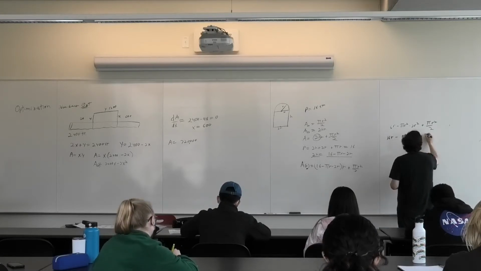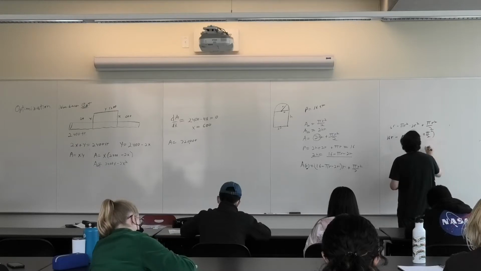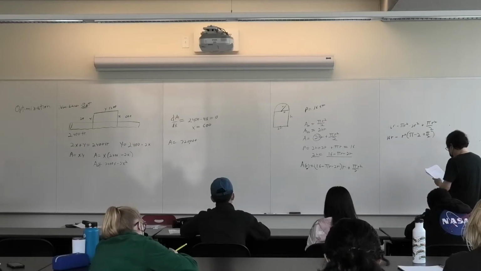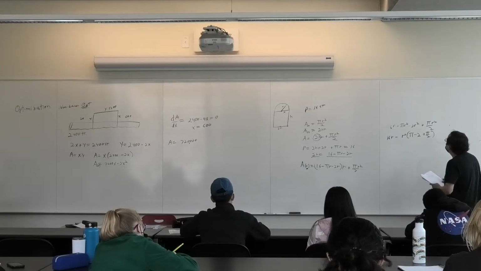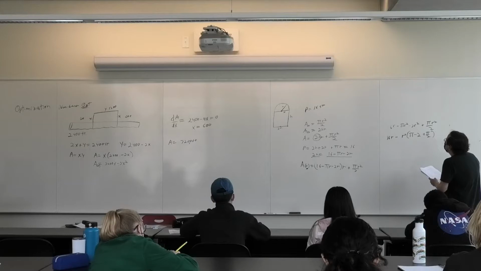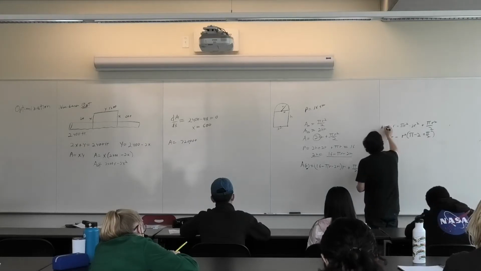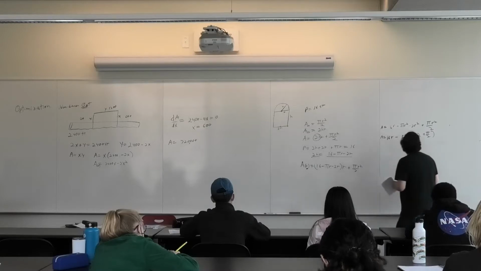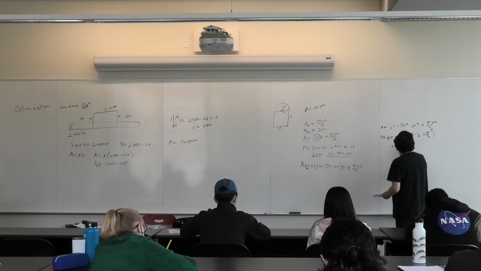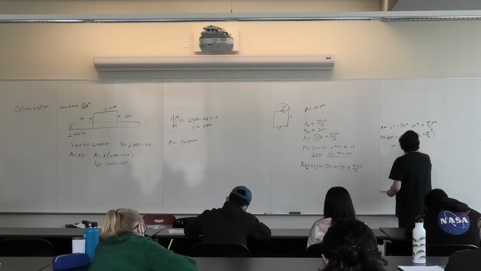Pi minus 2 plus pi over 2. Yeah, I think that's just 16r minus r squared times 3 pi over 2 minus 2. Okay.